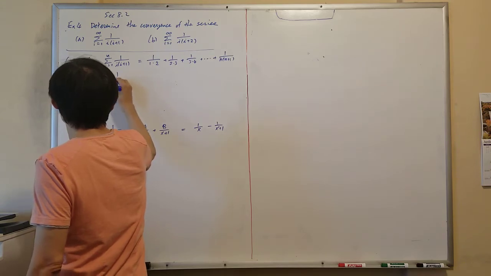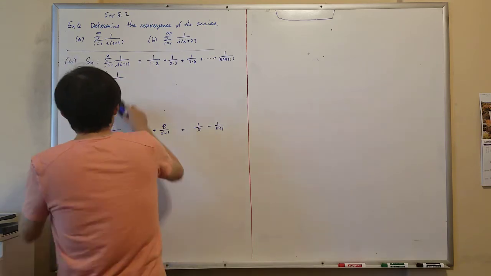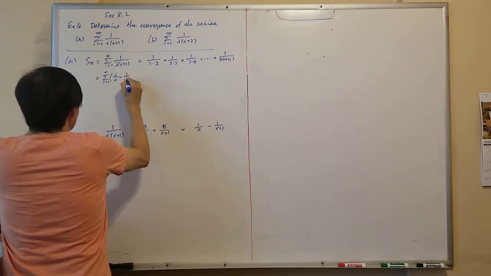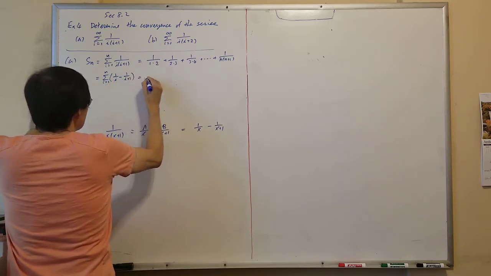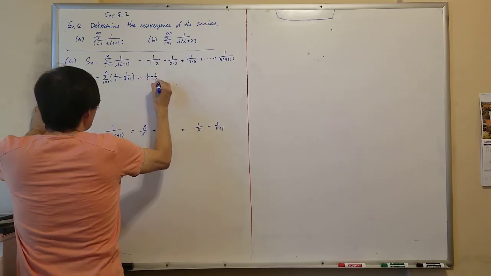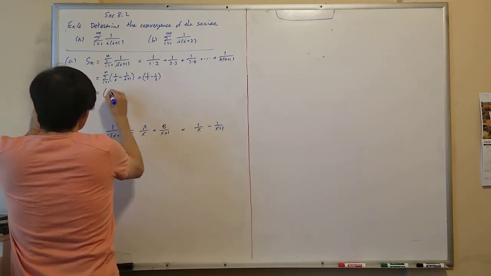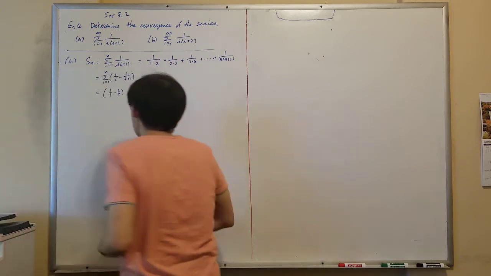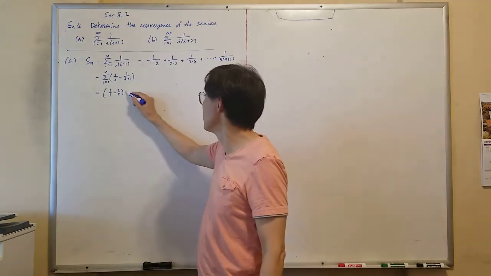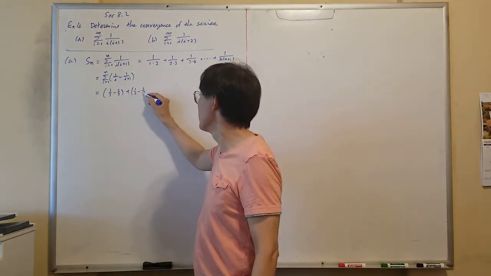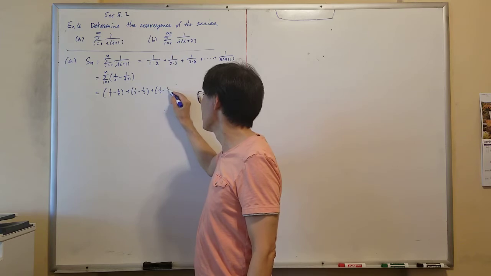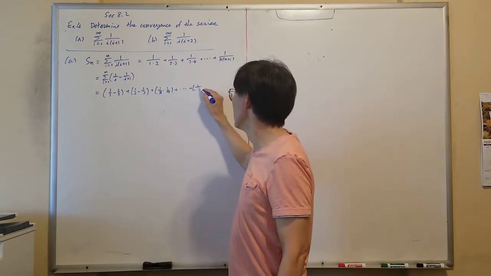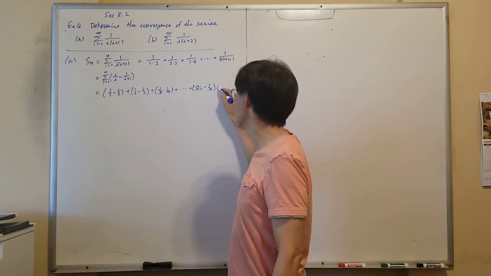This one is 1 over I. You can write it as 1 over I minus 1 over I plus 1, which is 1 over 1 minus 1 half, plus 1 half minus 1/3, plus 1/3 minus 1/4, all the way to 1 over n minus 1 over n plus 1.